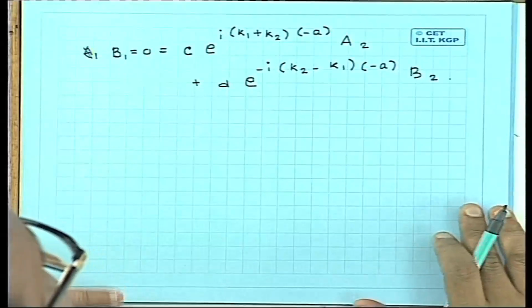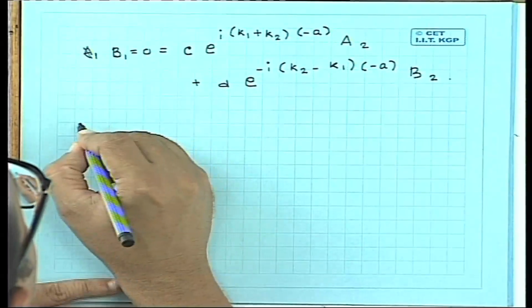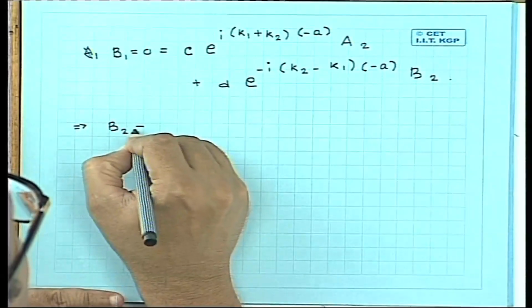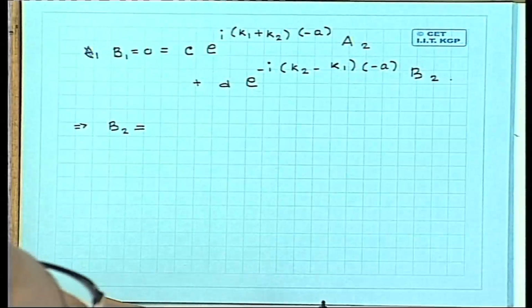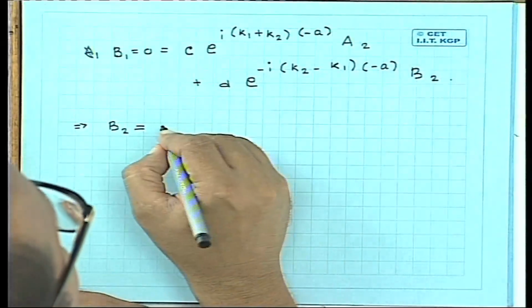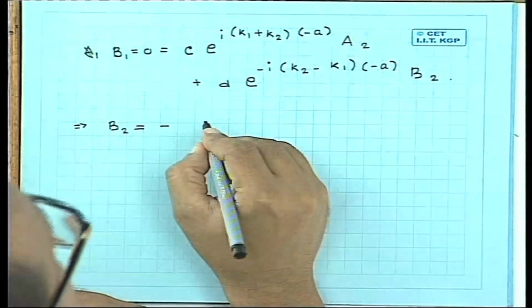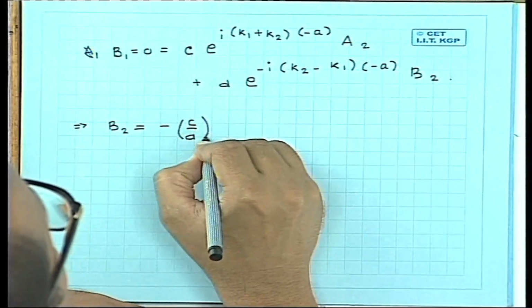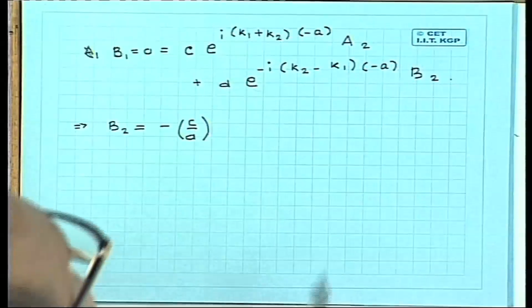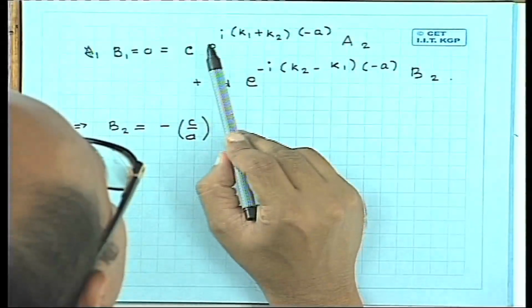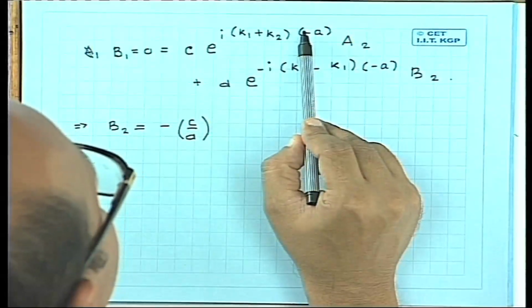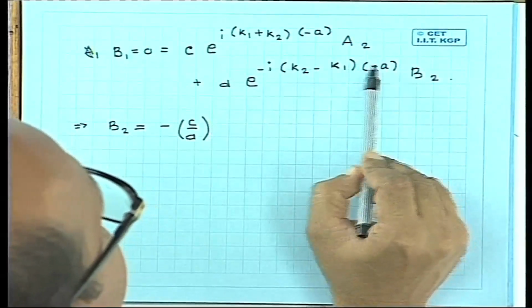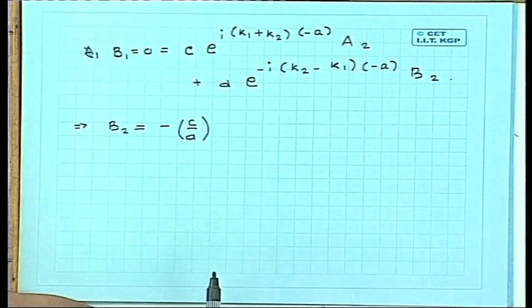Let us now simplify this relation and write B2 in terms of A2. This implies that B2 is equal to minus C by D, and e to the power I K1 into minus A cancels out from both sides.